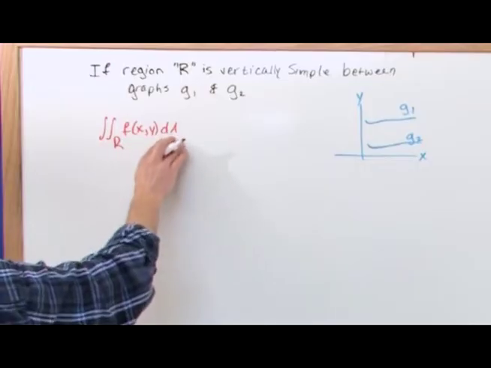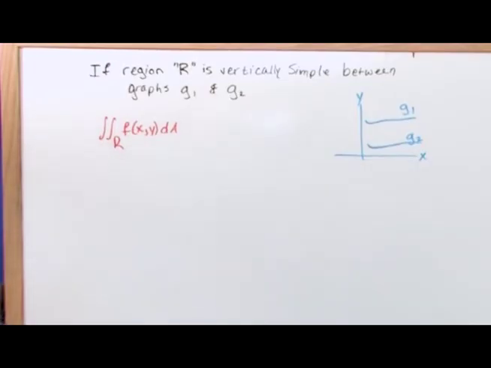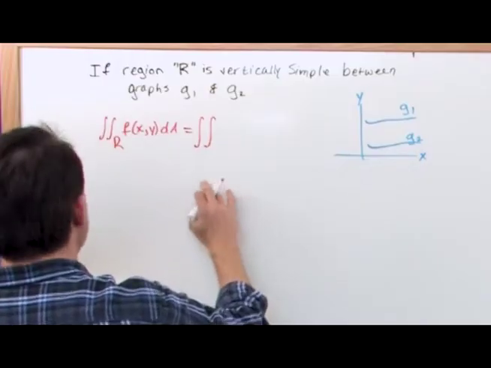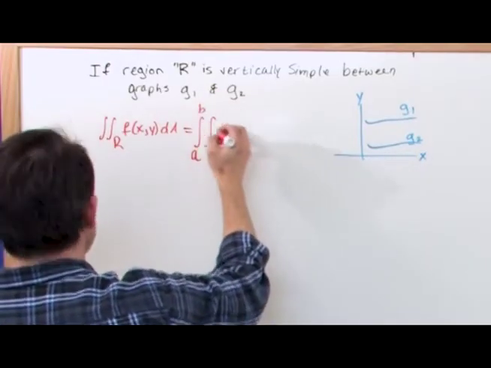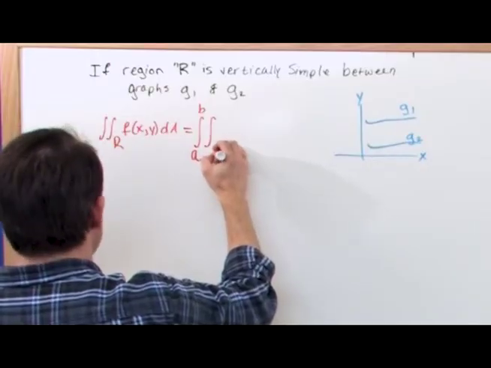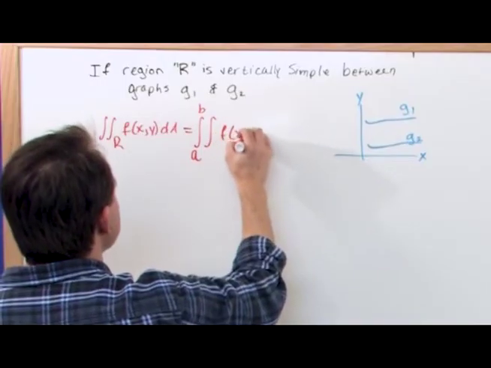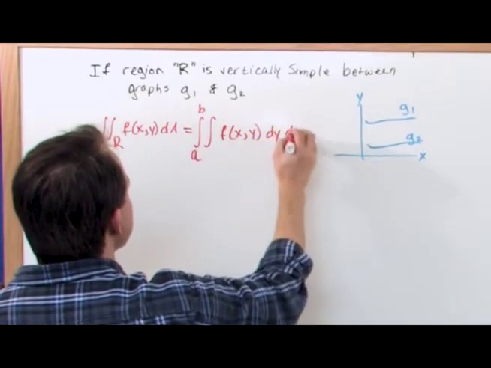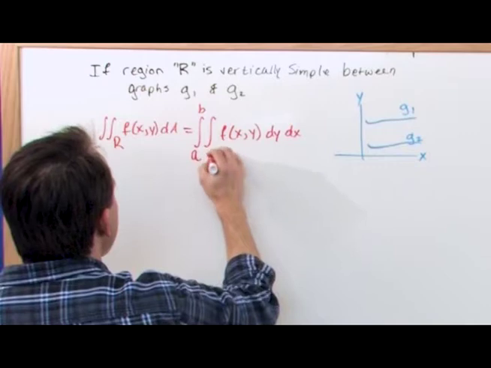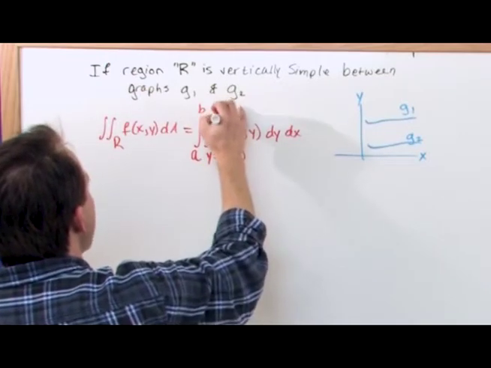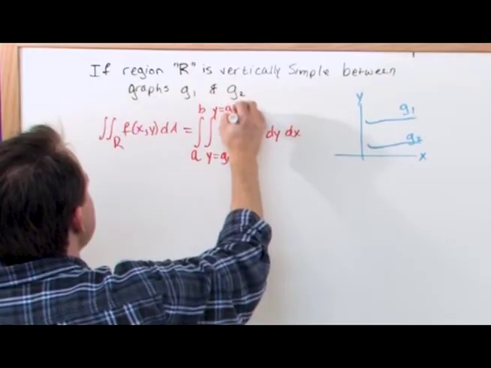I'm integrating the function over the area element over the region R in the xy plane, which is the projection of that thing in the xy plane, is going to equal the integral from a to b, then I'm going to have here f of x comma y dy dx, and the inner limits are y equal to g1 of x and y equal to g2 of x.